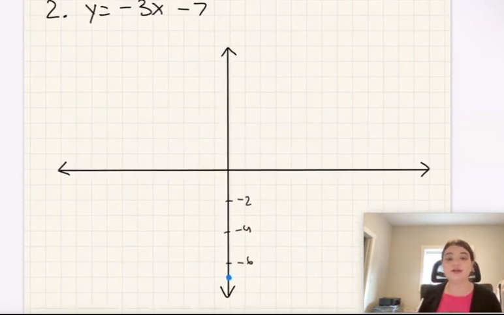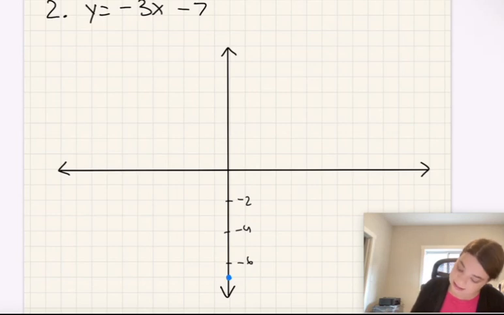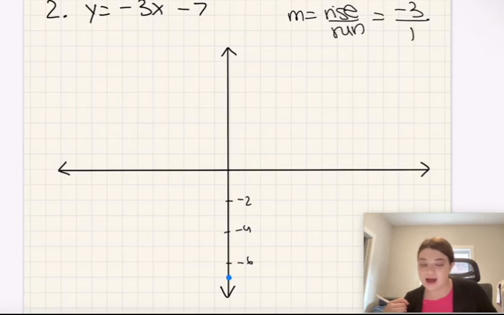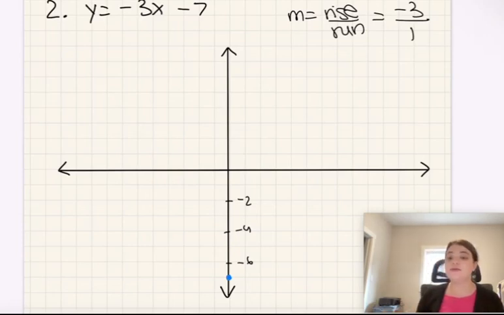And then what was our slope? Our slope is negative 3. That means to get from one point to the next, we have to go down 3 and over 1, right? Because again, slope is equal to rise over run. In this case, that's negative 3 over 1, so the rise is negative 3 and the run is 1.